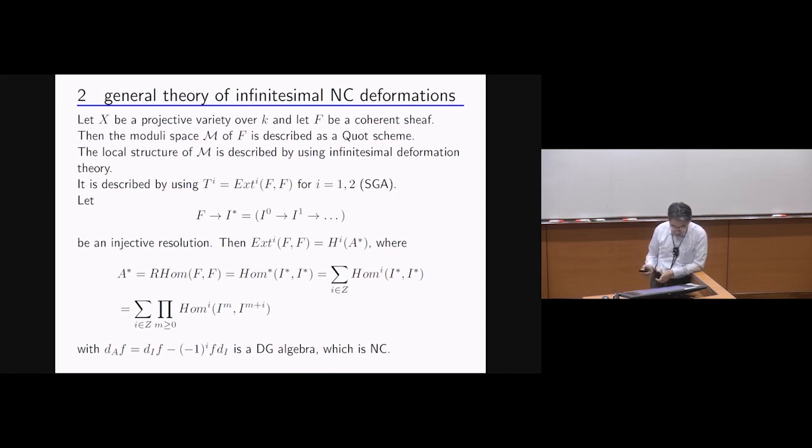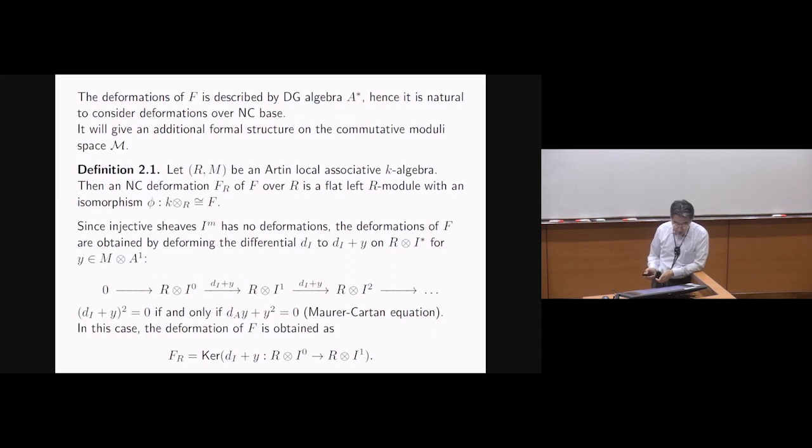Okay. So the deformation of F is described by the DG algebra A star, and hence it is natural to consider deformations of a non-commutative base. So it will give additional formal structure on the commutative moduli space.